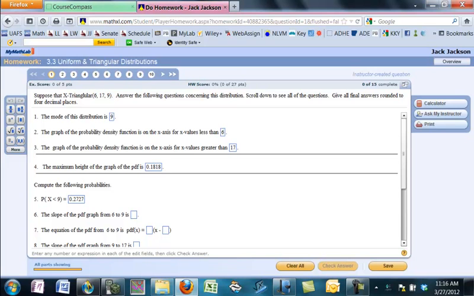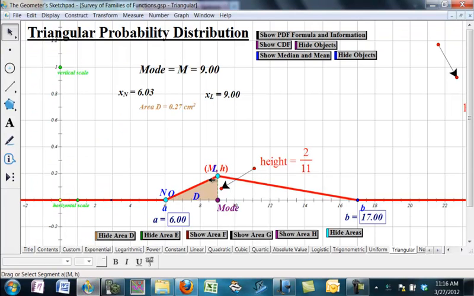What's the slope of the graph from 6 to 9? So we're looking at this part right here. Now remember, what are the coordinates of this point right here? Well, they're whatever the mode M is and the h.